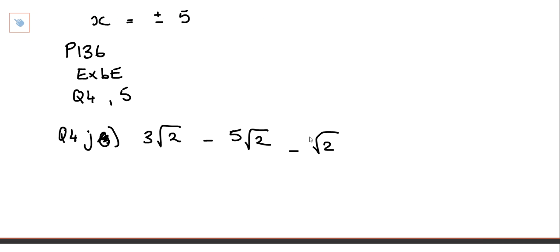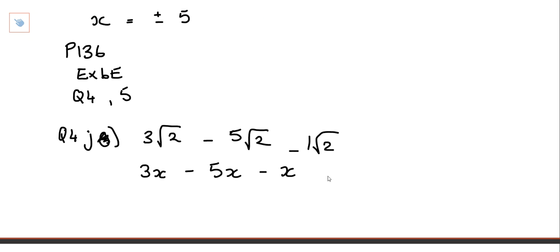Okay. So basically, to explain, just in case people aren't quite getting it, imagine that root 2 is a number, but I've kind of got 3 of them, 5 of them, 1 of them. So imagine I'm doing 3x's minus 5x's minus 1x. What would you end up with?